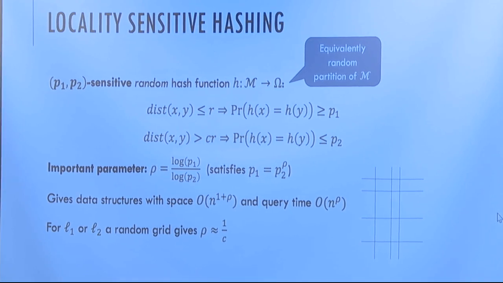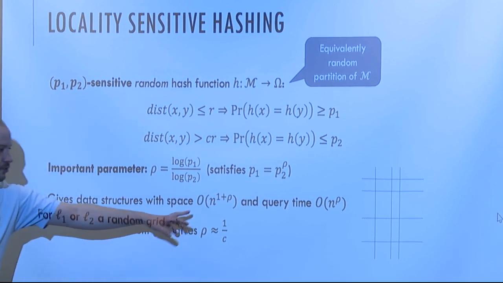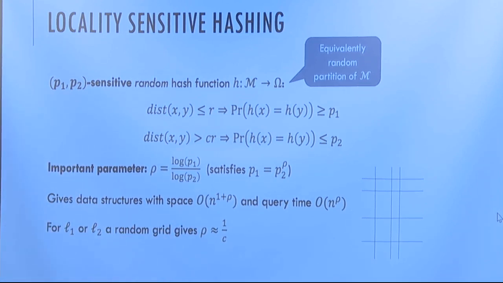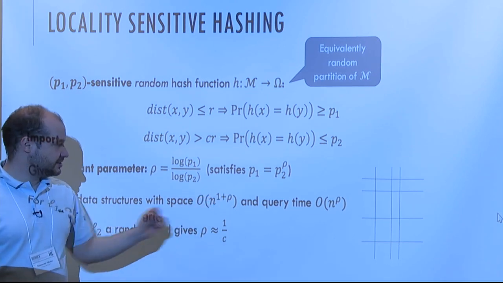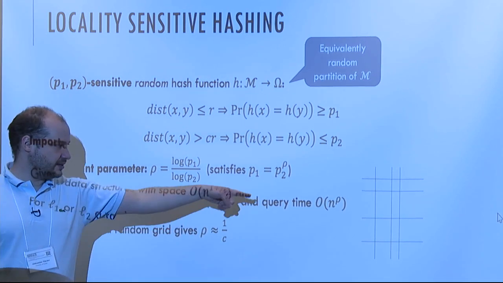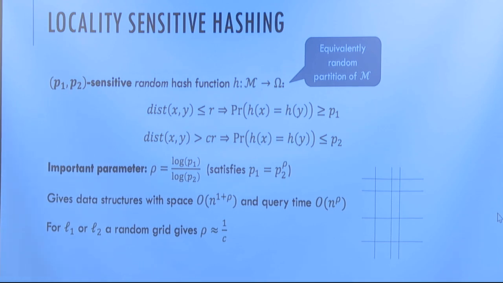If you pick a random grid like this in a natural way, it turns out you can get a locality sensitive hash function where rho looks like 1 over c. c is the approximation factor. And that gives the results on the previous slide, more or less. Okay, so with approximation c, you can get n to the 1 plus 1 over c, roughly speaking, space, and n to the 1 over c time. Right. Okay. All right, good. Questions?